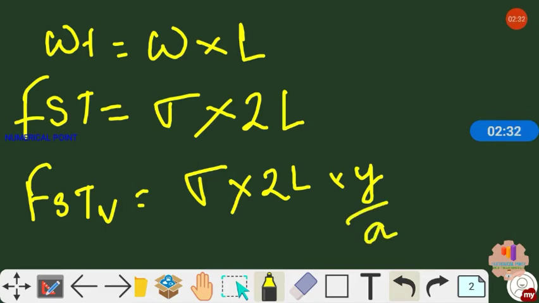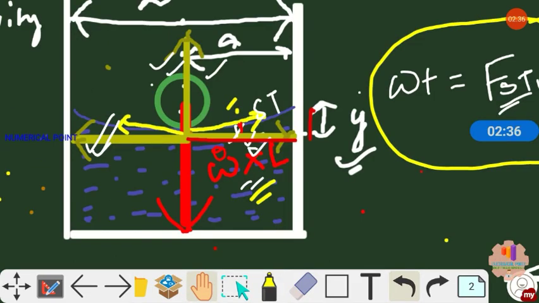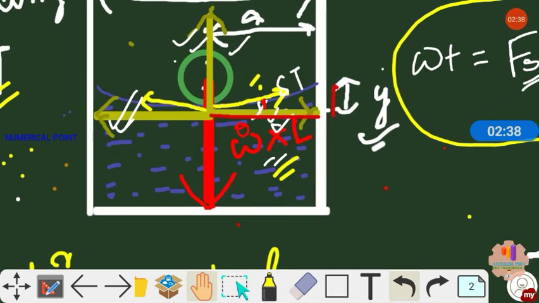So we have seen that the weight will be equal to the vertical component of the surface tension force.